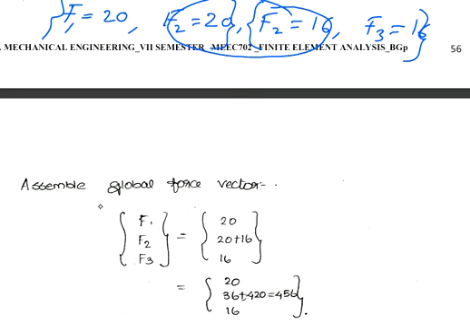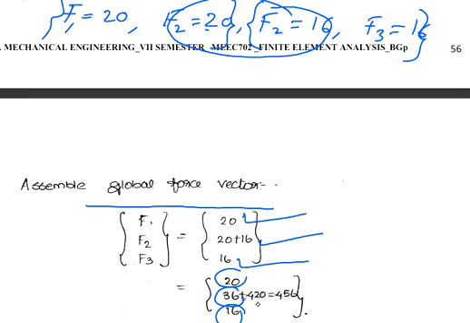So now you have to assemble in the global force vector F1 F2 F3. Already I told you F1 is 20 and F2 is equal to 20 plus 16, you got 36, and F3 is again 16, right? So you got 36 here, 20 and 16. So what about this 420? 420 is the point load which is applied at node 2.